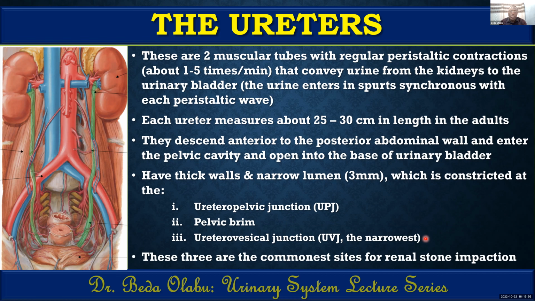It is important to note because these are the potential sites for renal stone impaction if somebody has renal stones, what we call urolithiasis. If somebody has urolithiasis, then these renal stones are likely to impact in those regions of narrowing. So even during imaging, these are the parts that are keenly checked to determine whether somebody has renal stones.